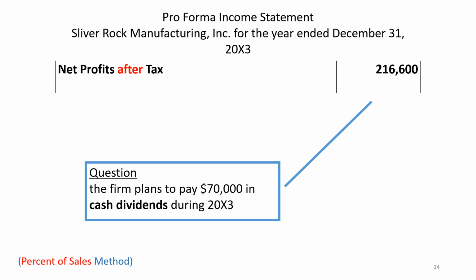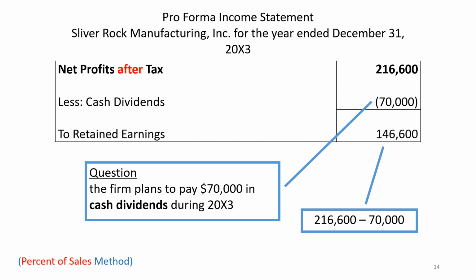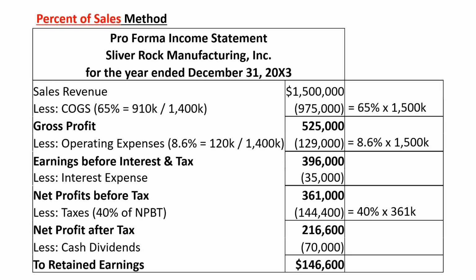The question states the firm plans to pay 70,000 in cash dividends during 20X3. So you have less cash dividends of 70,000. Net profit after tax minus cash dividends gives you retained earnings, 146,600. Please spend a moment to look at the pro forma income statement.